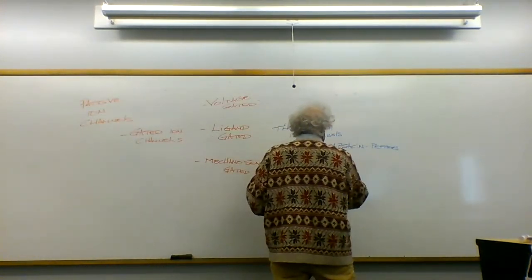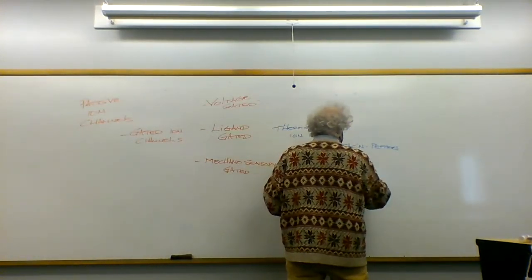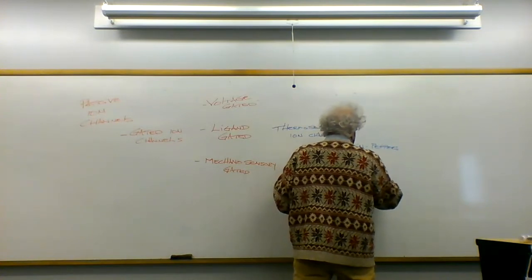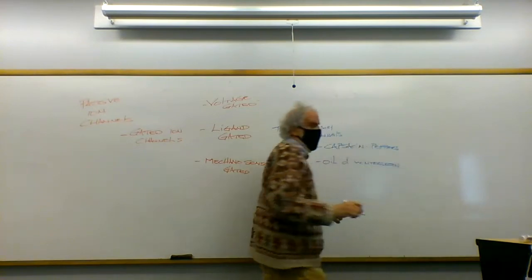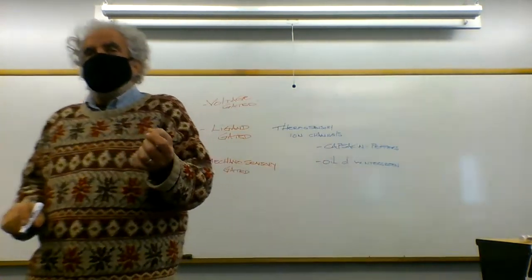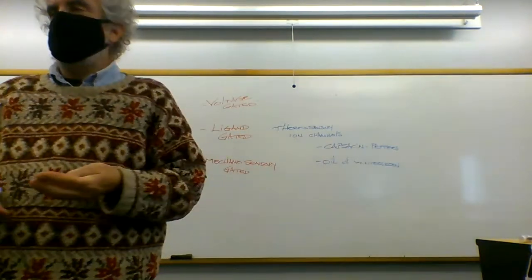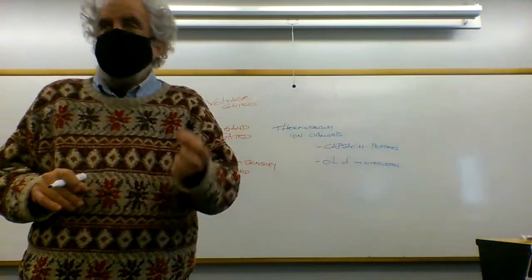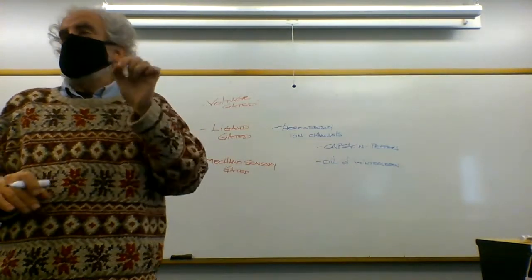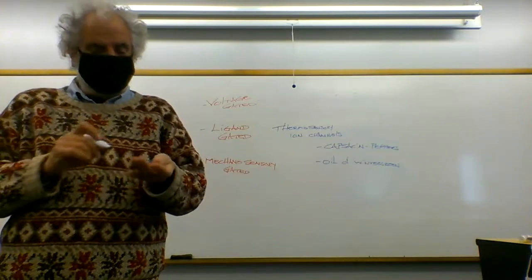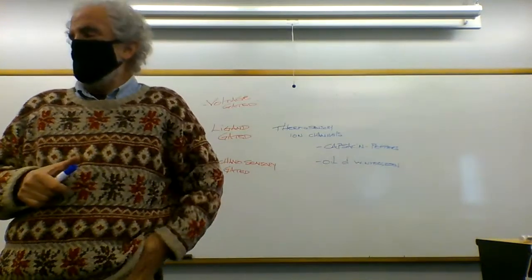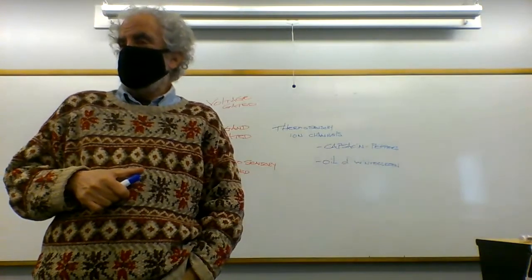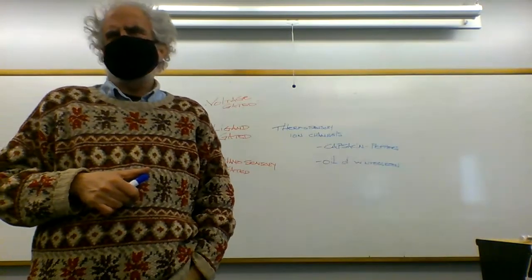Another one is oil of wintergreen in an Altoid. You've got another ligand that is binding to a different thermosensory gated ion channel and saying, hey, this feels cold. And so it is truly a hack or a spoof of your nervous system, and that these things work I think is just quite bizarre.